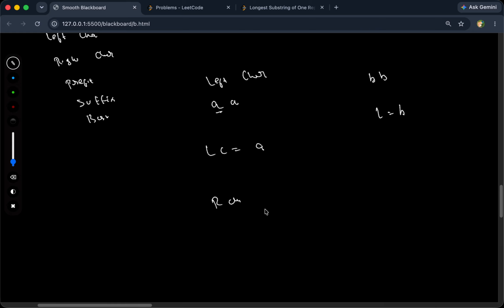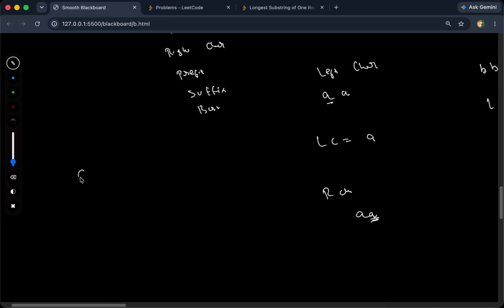For A, the last is also A. And for B B, the right character is the last character, which is B. So for A, left is A and right is A. For B B, left is B and right is B.